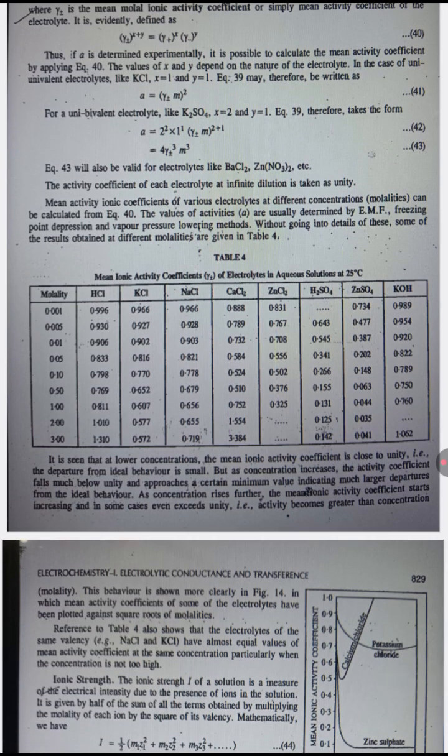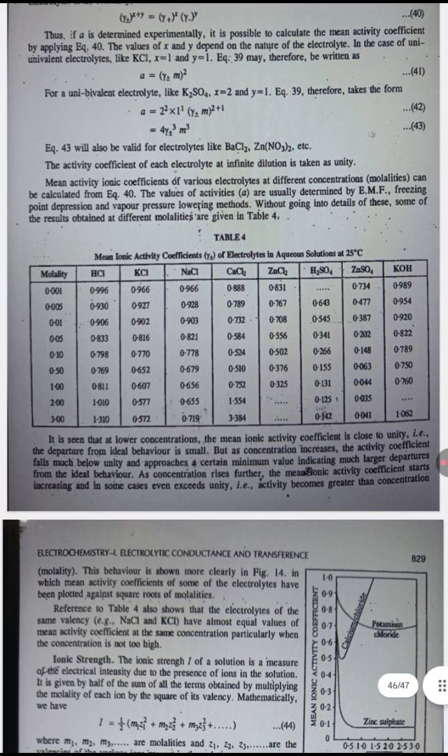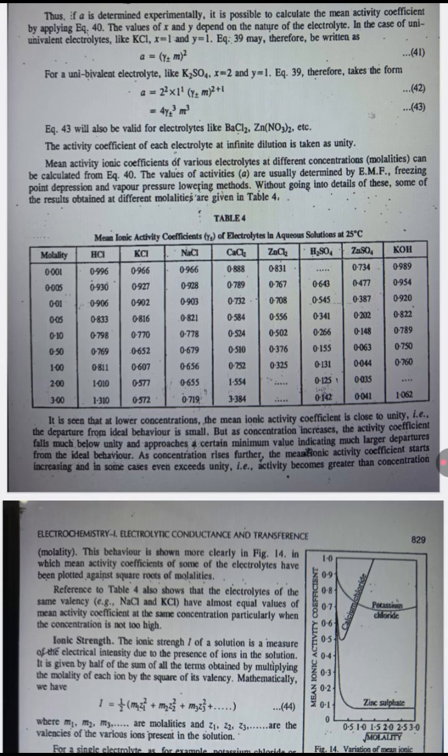It is evidently defined as λ±^(x+y) = λ+^x × λ-^y, equation 40. Thus, if a is determined experimentally, it is possible to calculate the mean activity coefficient by applying equation 40. The values of x and y depend on the nature of the electrolyte.